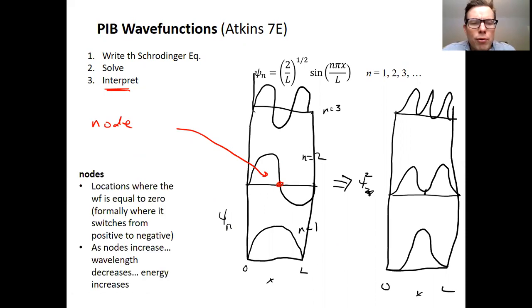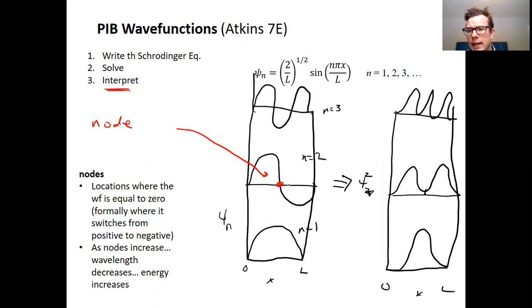And nodes are important, right? So formally, they are locations where the wave function is equal to 0. It has to switch from positive to negative. So at the edges here, it does not count as a node because it hasn't switched sign. But we have nodes here.